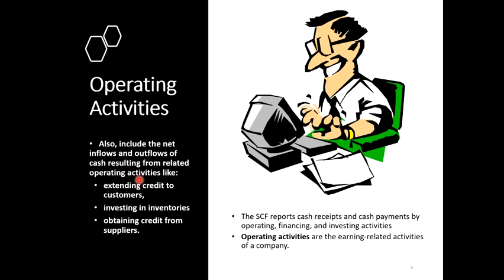Okay, so maksud earning related activities tu maksudnya dia merangkumi, dia termasuklah extending credit to customer, investing in inventories, obtaining credit from suppliers. So di mana kalau dekat statement ni kita akan kira under operating activities kita akan ada cash receipt from customer, cash payment to supplier, cash to employees, cash related to employee.